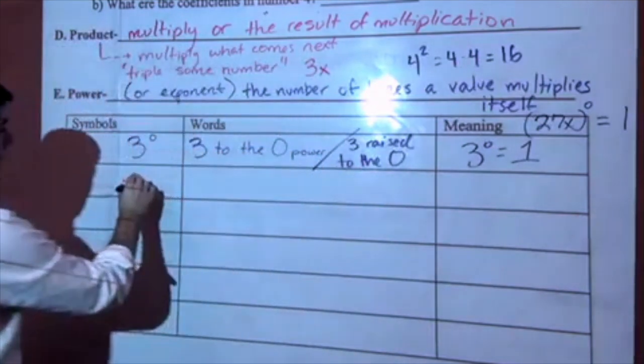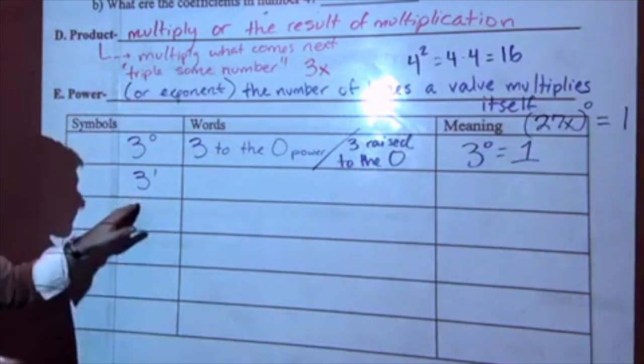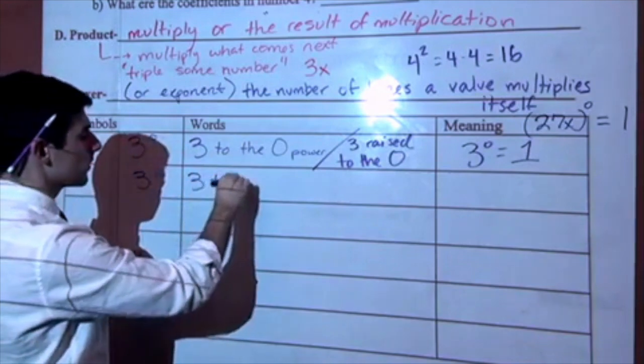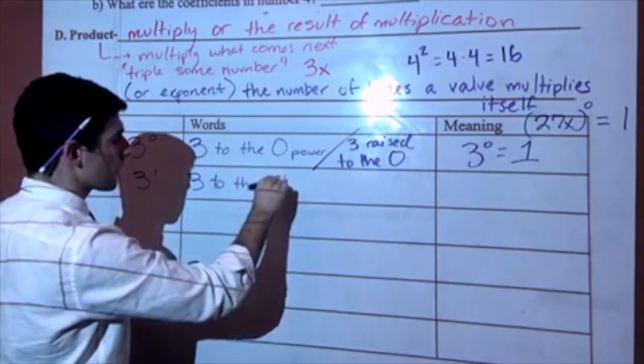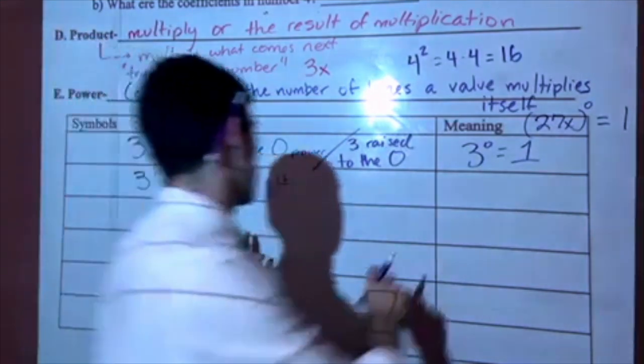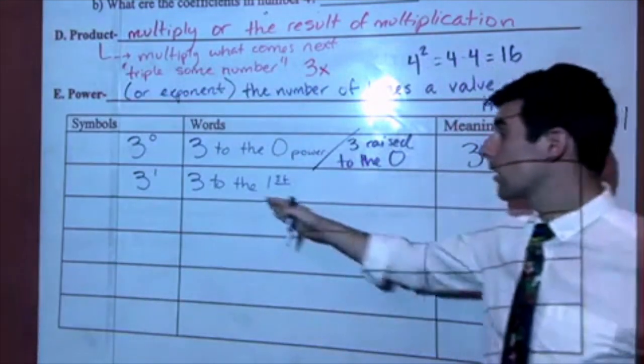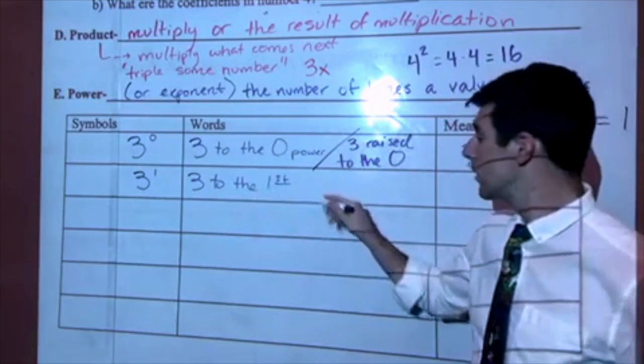Now as we go along, now we have 3 to the first, so again we can represent that as 3 to the first. Notice how right here, I don't include the word power. It's a little bit of personal choice. You could say 3 to the first power.